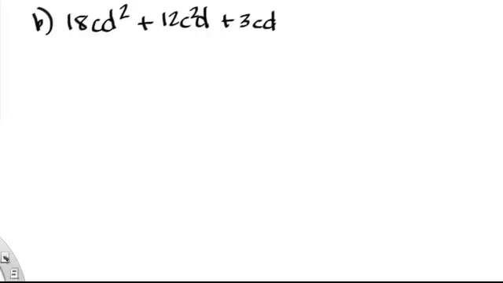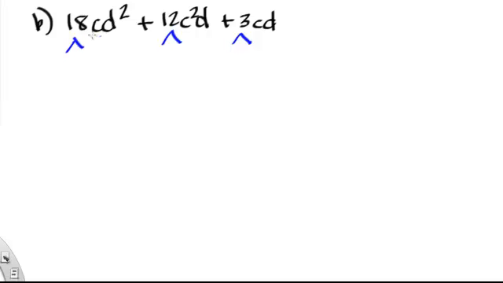Letter B. 18cd squared plus 12c squared d plus 3cd. So my first thing is that I need to factor 18, 12, and 3.